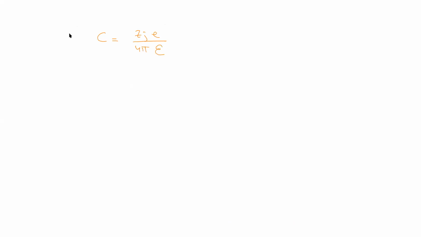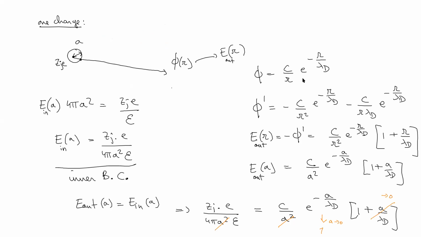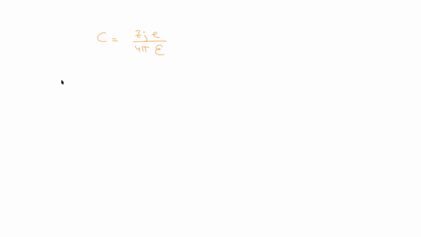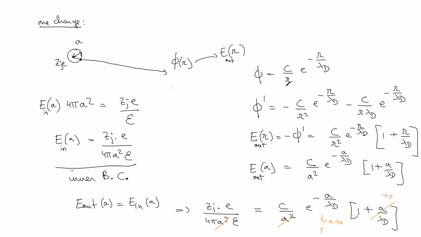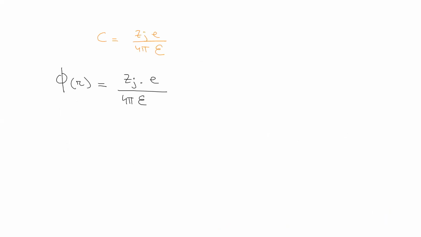And C was, where was it? C was the constant in the potential. So I can now rewrite the full solution. Phi of R is equal to Zj, the unit charge, and then you have R and the exponential.